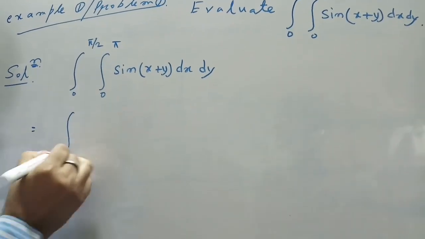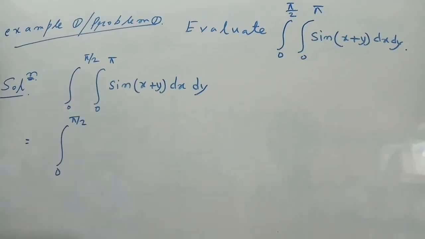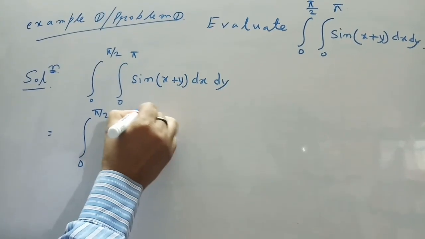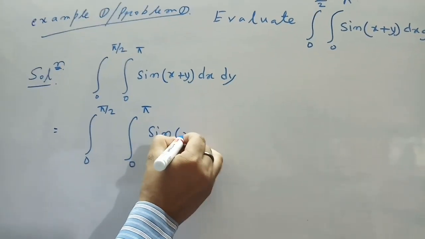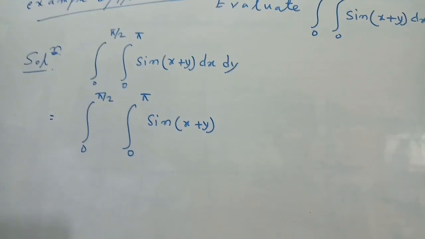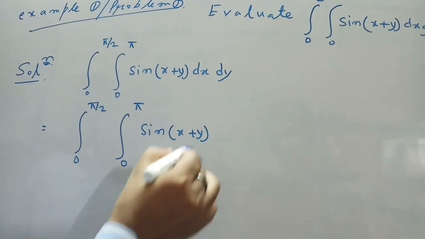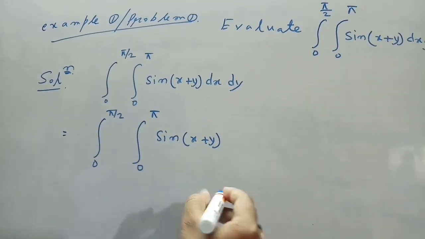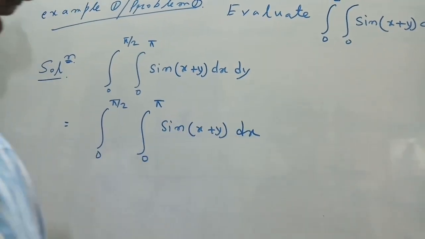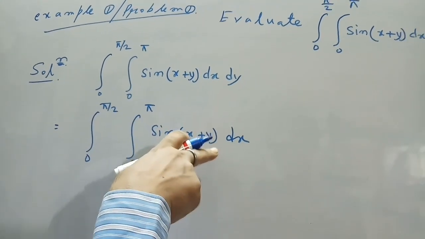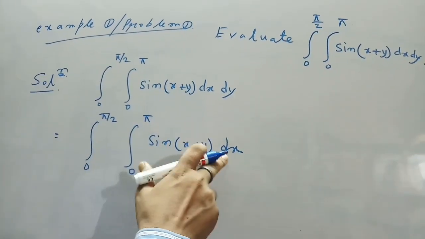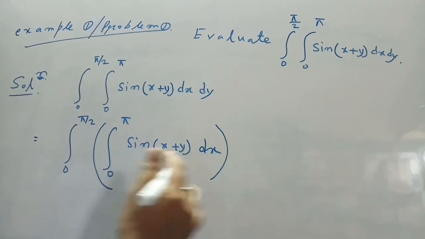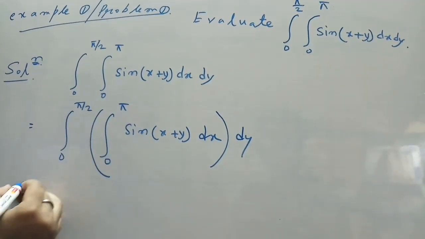Suppose this is dx, then this integral will be for x, and dy is the variable of the other integral.